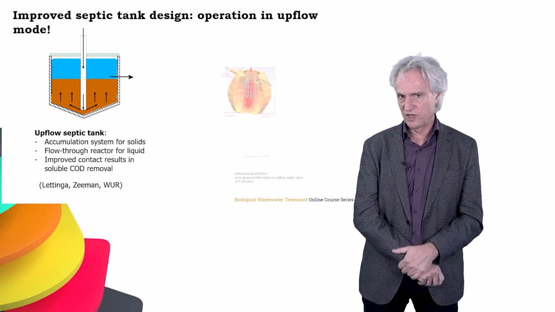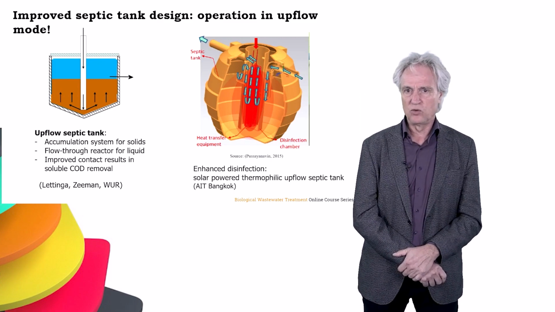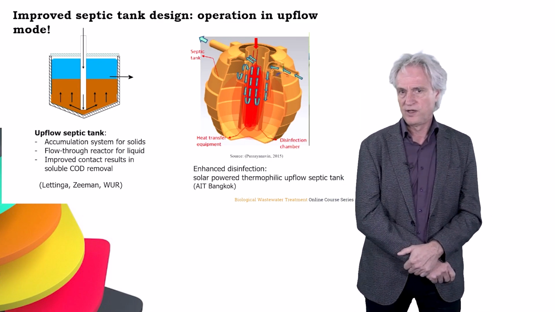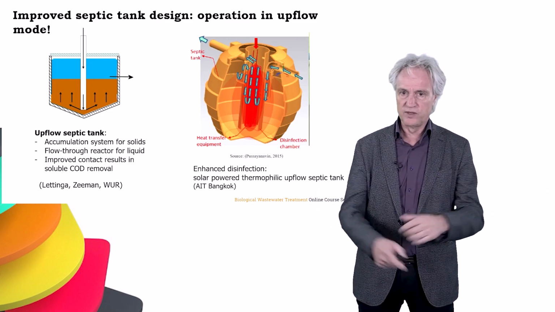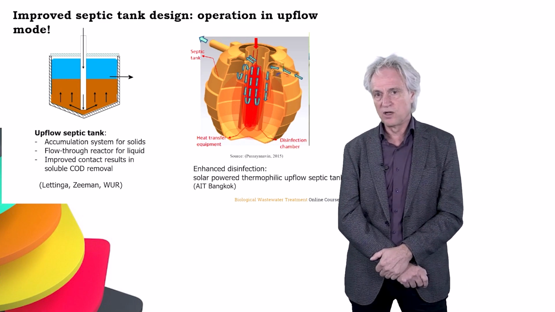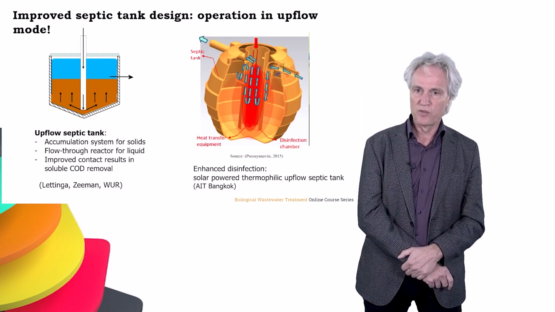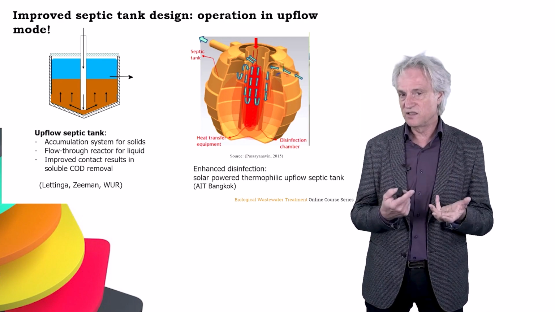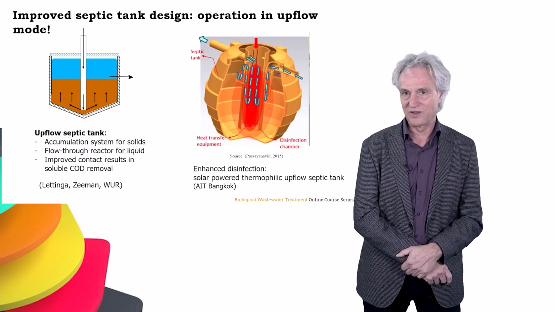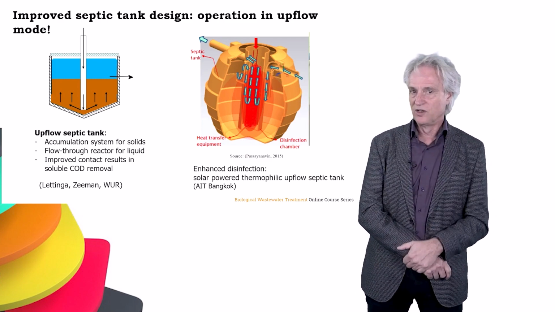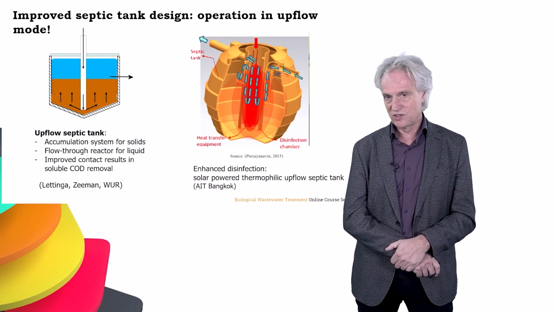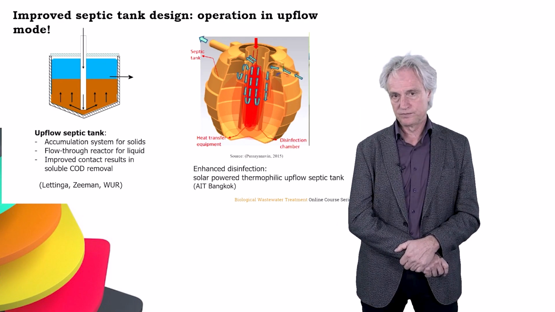Now, this system was developed in the early 90s, and it was further and further advanced. And our colleagues from the Asian Institute of Technology in Bangkok even coupled it to a solar panel with which they heated the effluent of this upflow septic tank to 50 degrees for enhanced sterilization of the treated effluent.